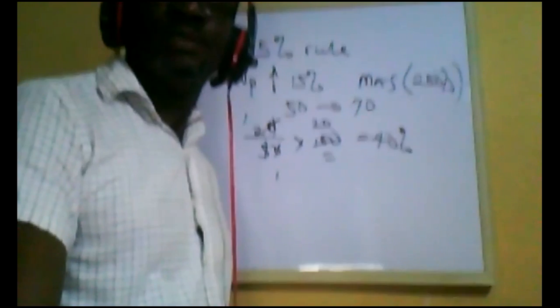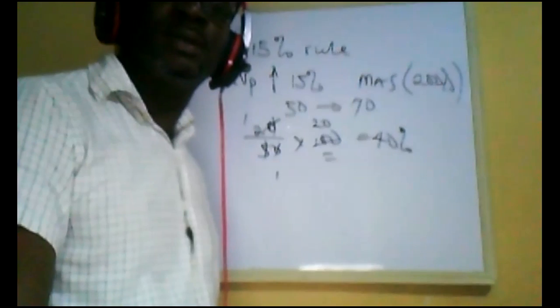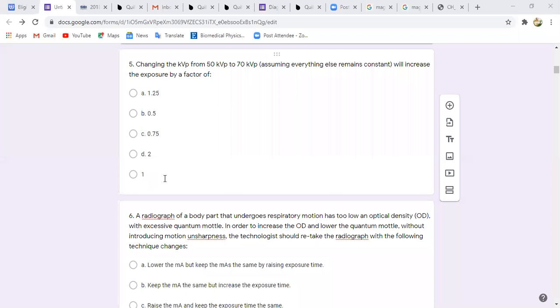Okay, let's continue. So changing from 50 to 70, assuming every other thing remains constant, we increase the exposure by a factor of... the closest answer here is 2, but that's never the case.